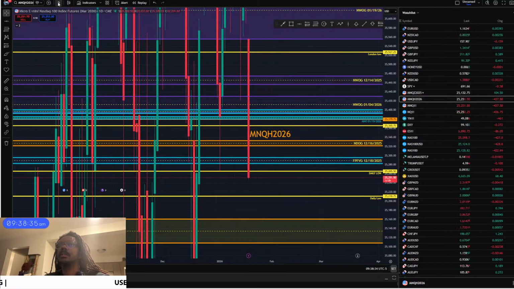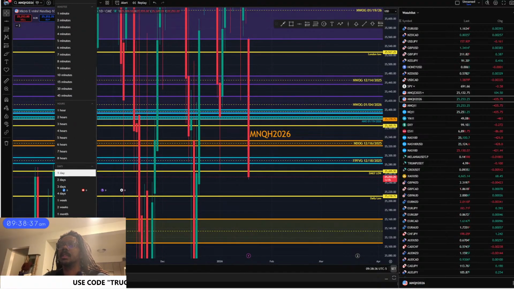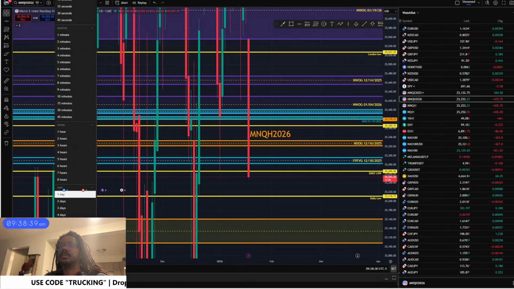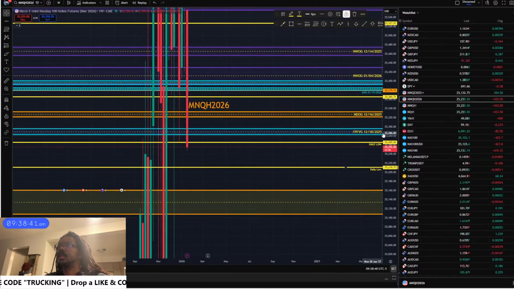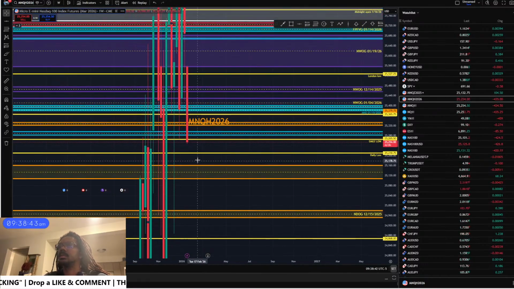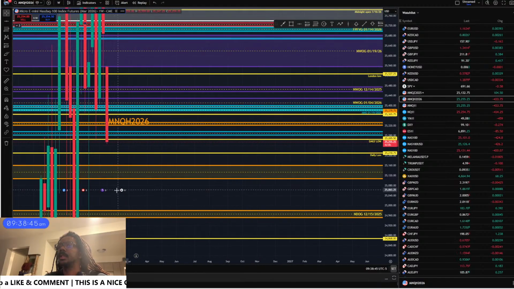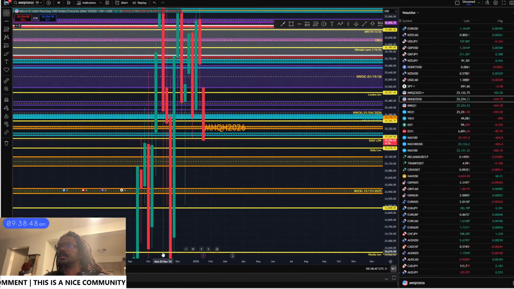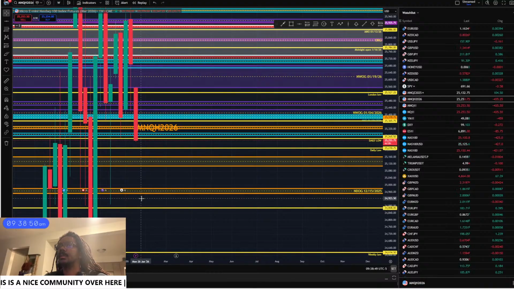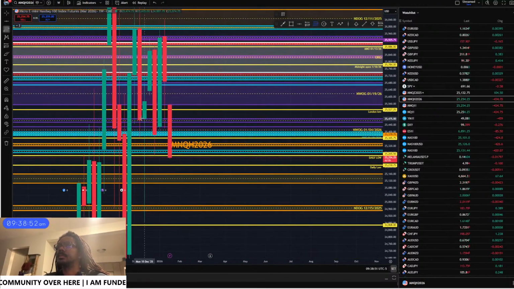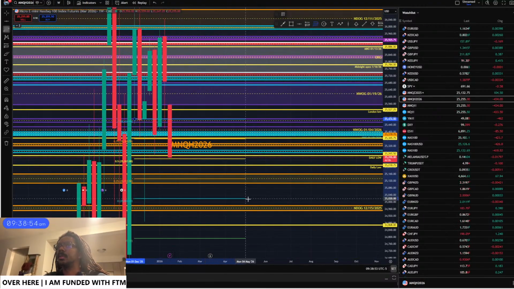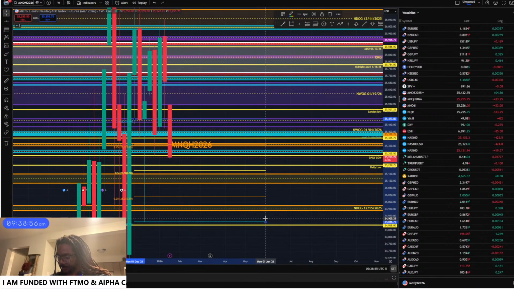On the daily, we have our daily low right there being swept. And then we have this big wick right here on the weekly time frame. Right? We have this big wick right here on the weekly time frame.